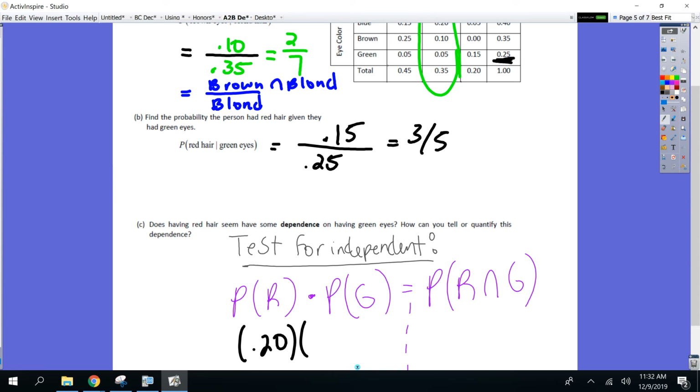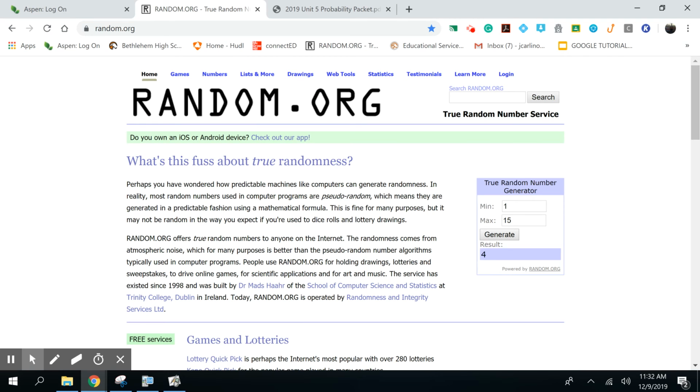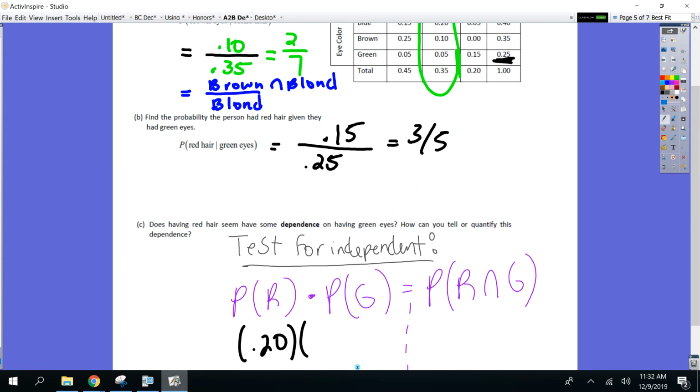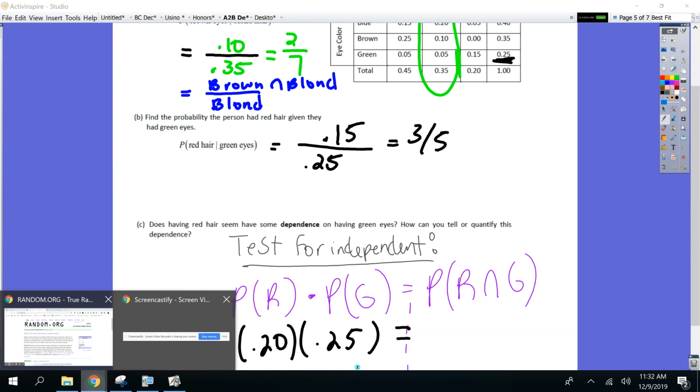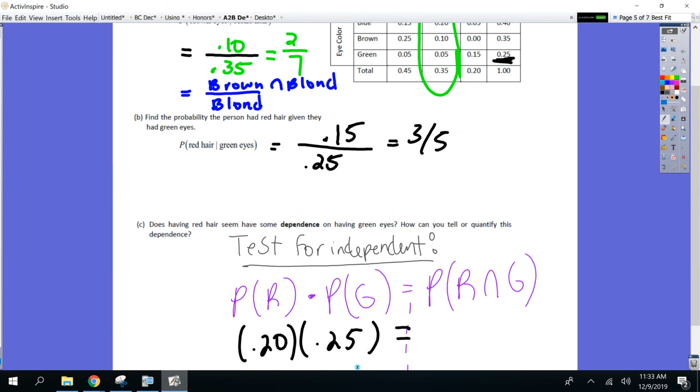I didn't say green with this or green with that. Green eyes total. What do you got for me? 0.25, yep. And I'm going to see, does that equal, using your table, what's the probability you have red hair and green eyes? Find the intersection. What do you got for me? 0.15.